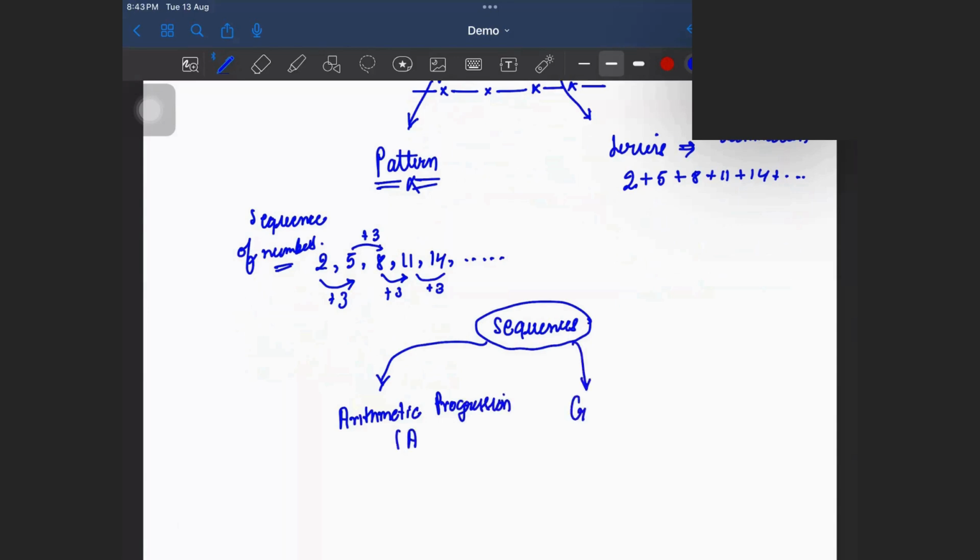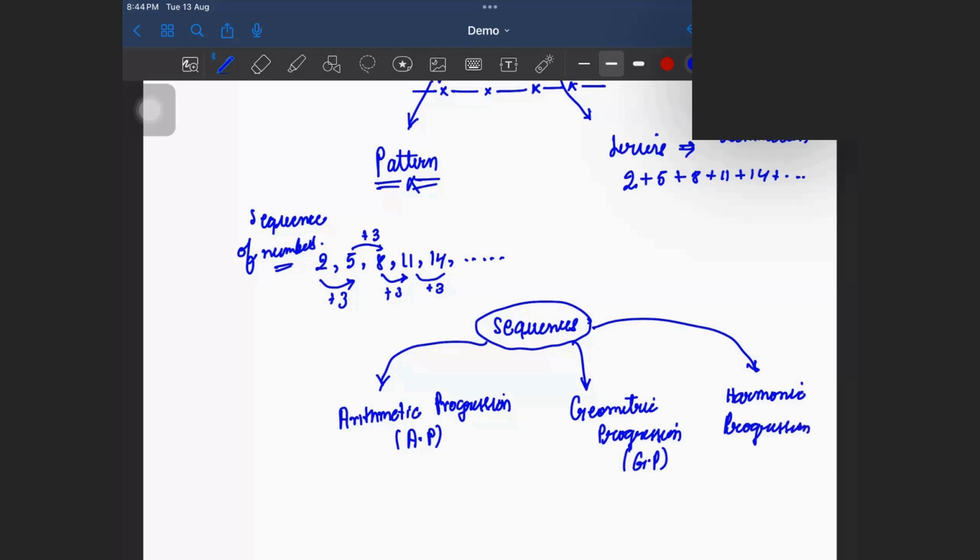In short form, arithmetic progression is written as AP, and geometric progression is GP. The third one is harmonic progression, and this acronym is HP. Okay, simple.